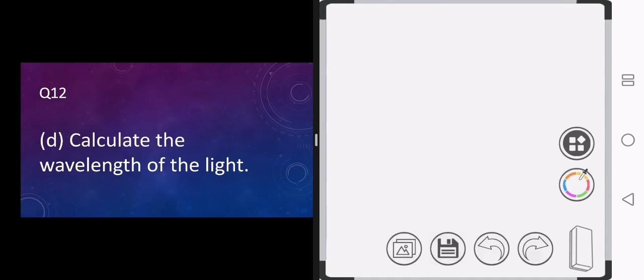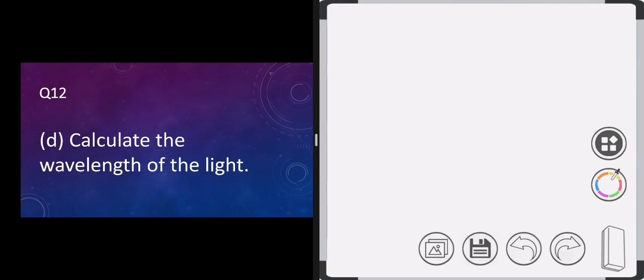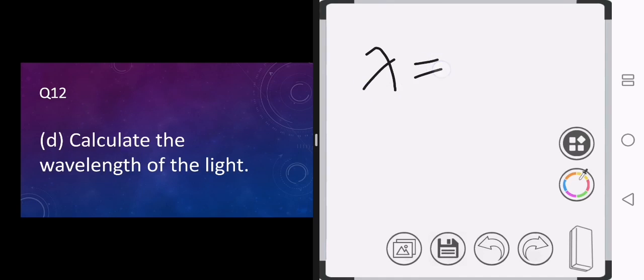Alright, and then next question. Okay, read question E. It asks for the angle for the fifth order. So you already have your lambda and you have your d.